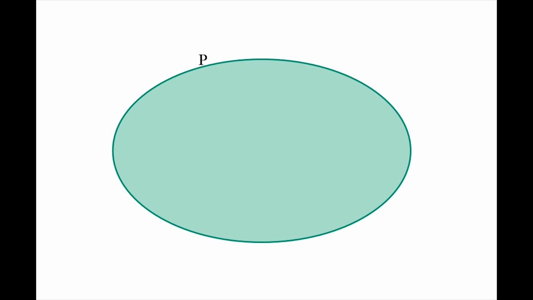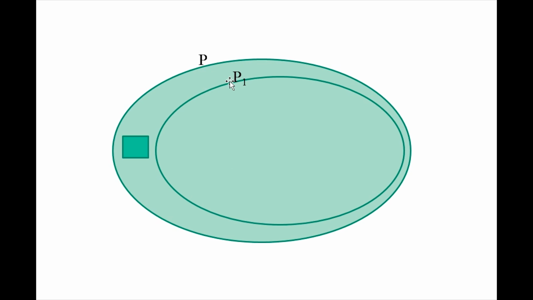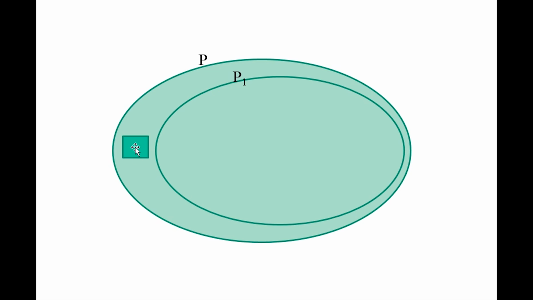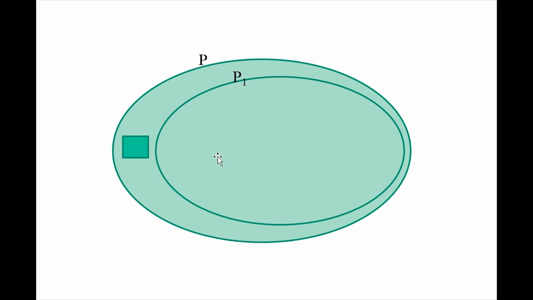In some cases, it is possible to split P into a subproblem P1 of the same shape and nature as P. And the solution to P is obtained by combining the solution of P1 with a simple calculation, symbolized here with this shape. When it comes to the solution of P1, the pattern recurs.